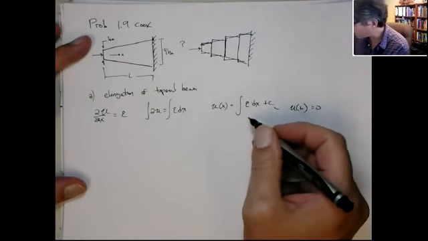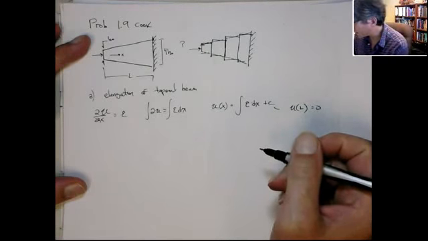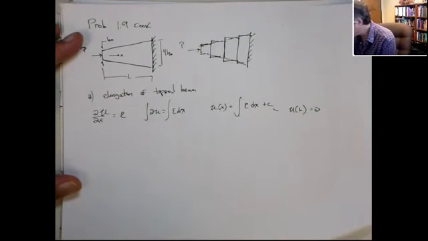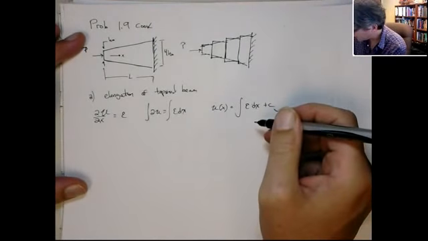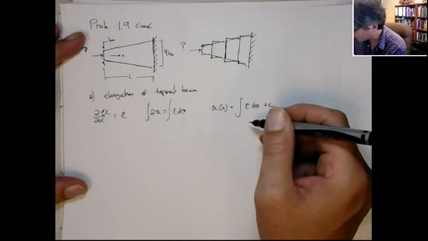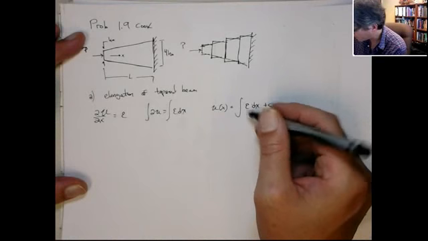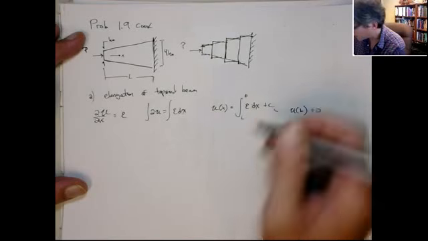So let's do this integral. The total elongation is going to be, well, actually, we should probably do the integral backwards. Let's do it from x equal to L to x equal to 0.